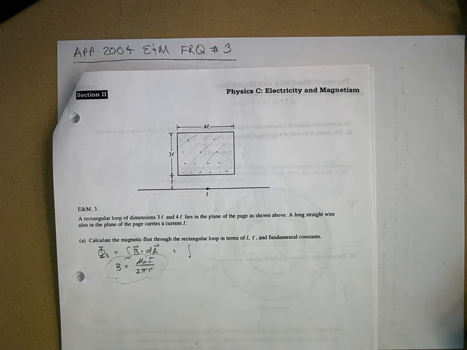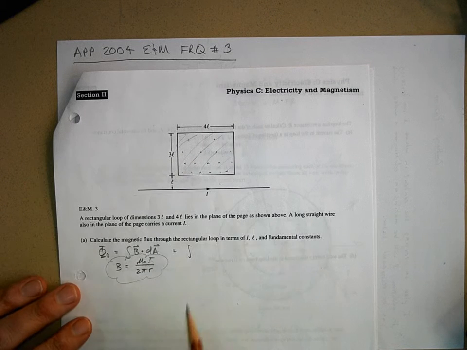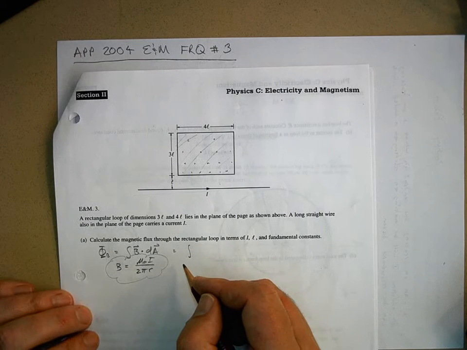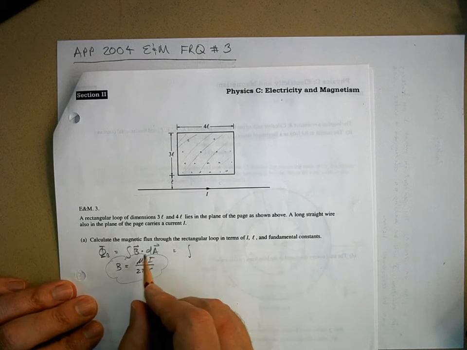You need to memorize that. That's a very, very common one that you need to know. And then you can derive it fairly quickly from Ampere's law, but that's a little bit time consuming.